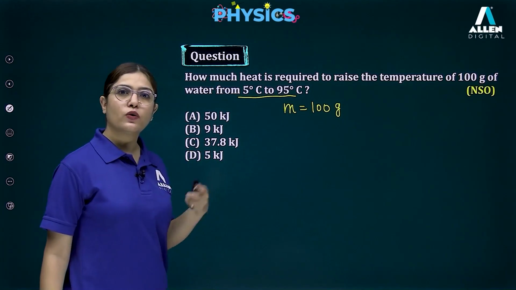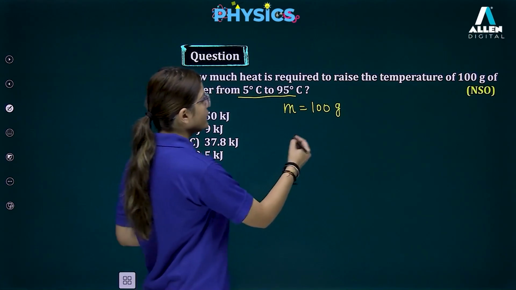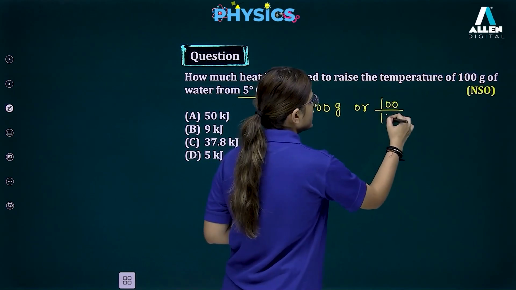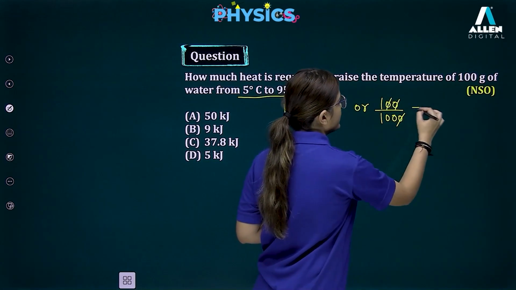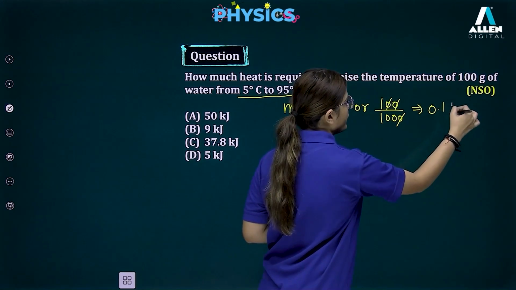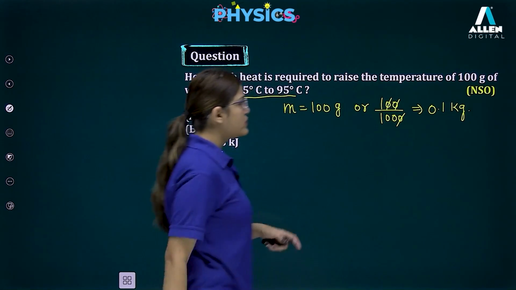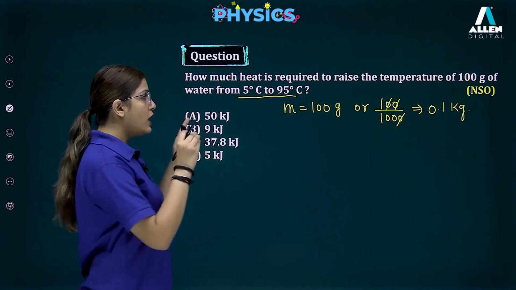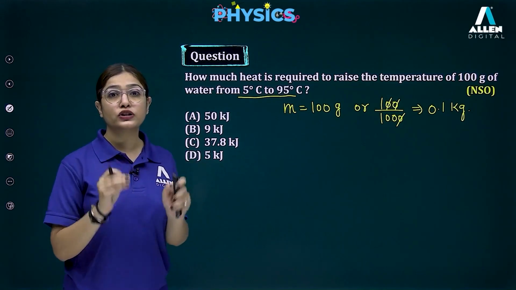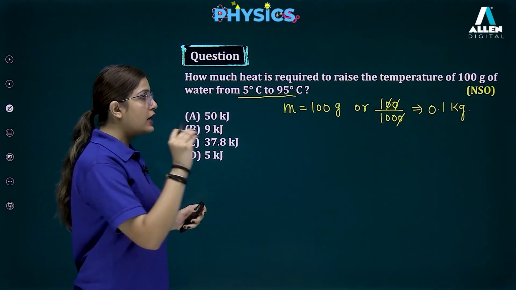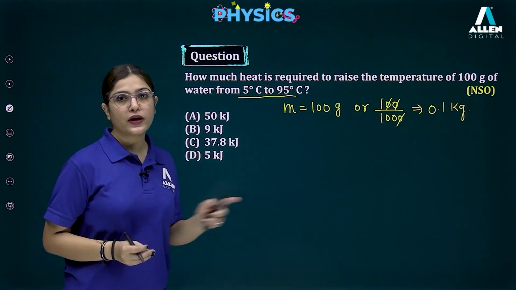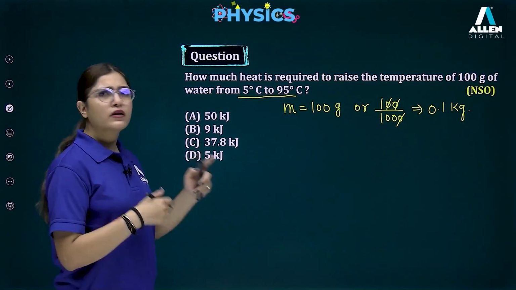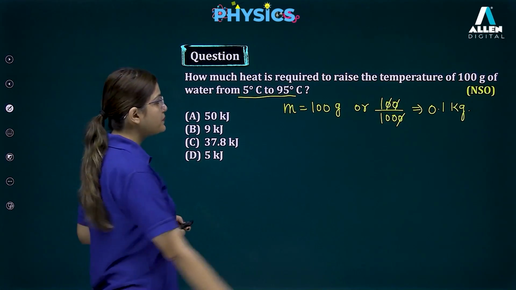If you want, you can also convert it like 100 upon 1000, so it can be written as 0.1 kilogram. You can use 100 gram or 0.1 kilogram, but if you are using 100 gram, you have to take 4.2 as the specific heat, and if you are taking 0.1 kilogram, you have to write 4200 as the specific heat. Units are important.